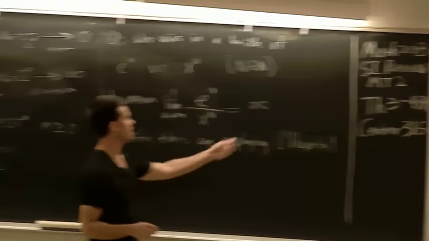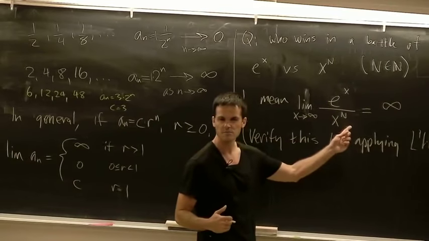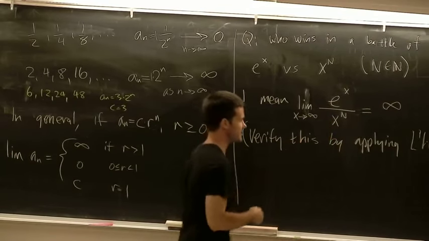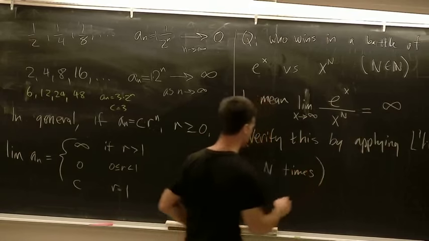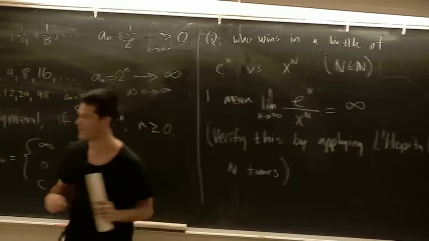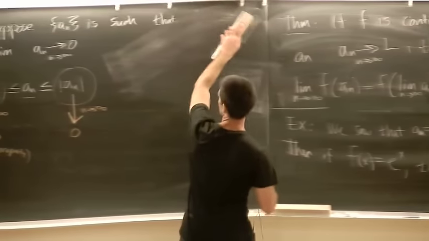You'll have to apply it n times until eventually you use up all the x's on the bottom. Yeah, so I encourage you to do that if you don't remember how to. Okay, so that's what I mean by exponentials beat out powers of x.